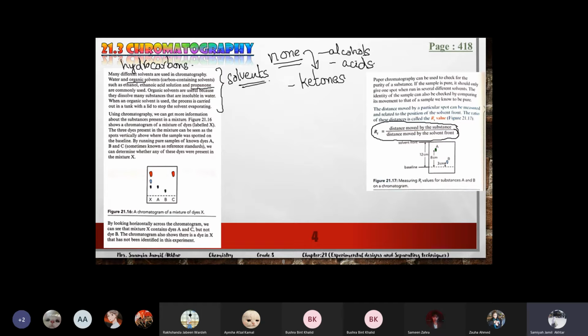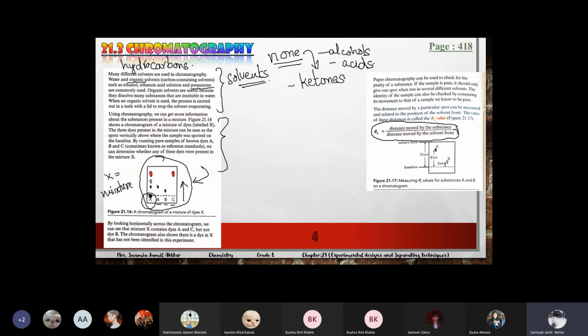Now this is the explanation of this experiment. In this experiment we will identify which components are present in a mixture. This one is X. X is a mixture, and we will identify whether these substances are present in it or not. On the same filter paper, we will put a drop of the mixture and the original pigments A, B, and C, and when the water goes up, these spots will also travel.